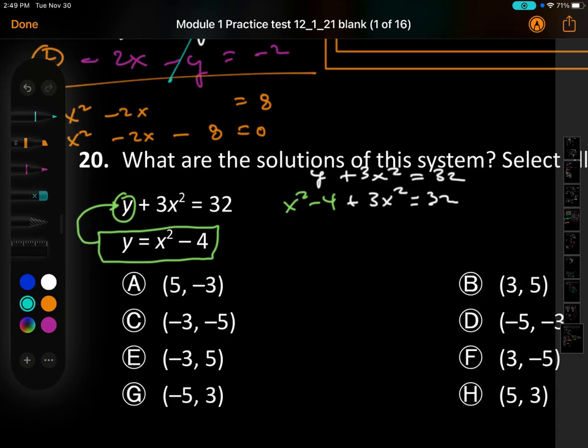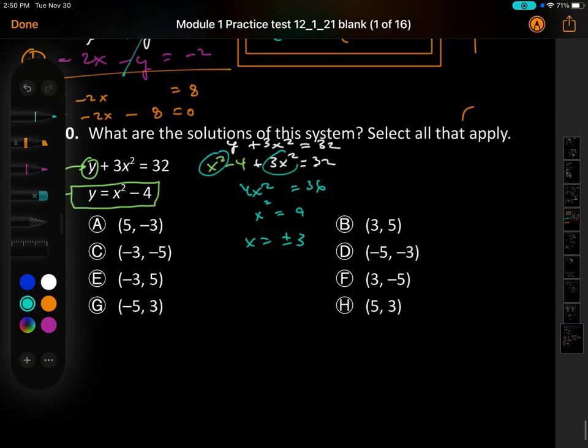And then you can just solve for it. Like terms, 4x squared, add the 4 to the other side, divide by 4, and take the square root, x equals plus or minus 3. Okay, so all the x values have to be 3. So no, no, no, no. Does it make sense?